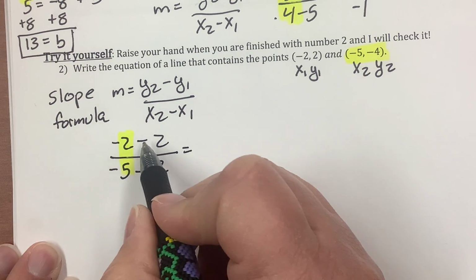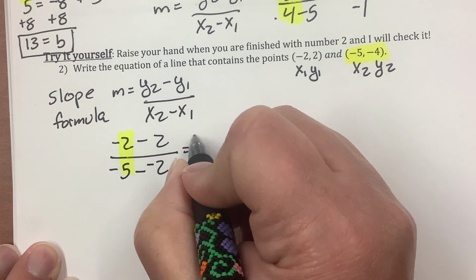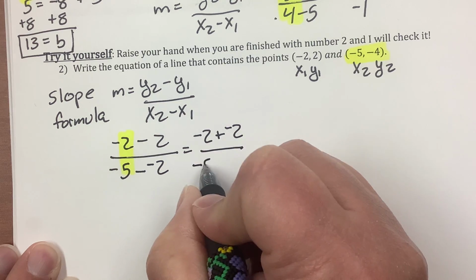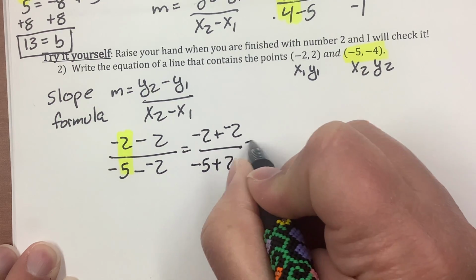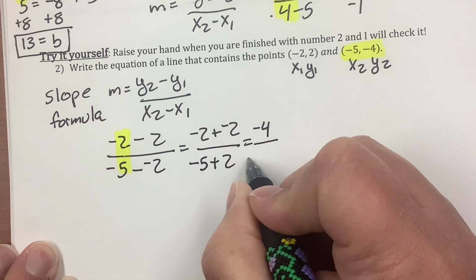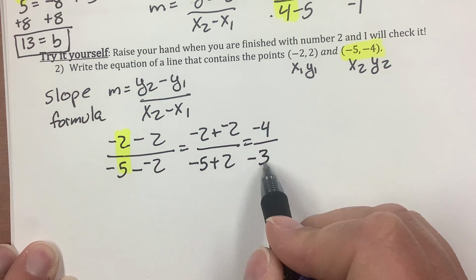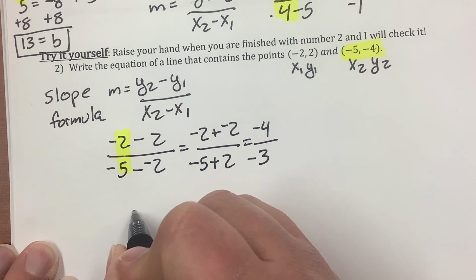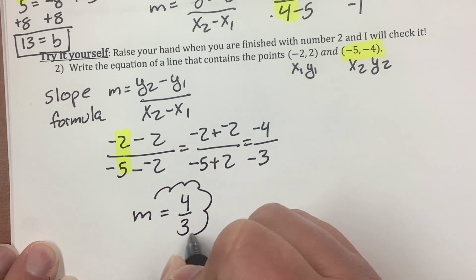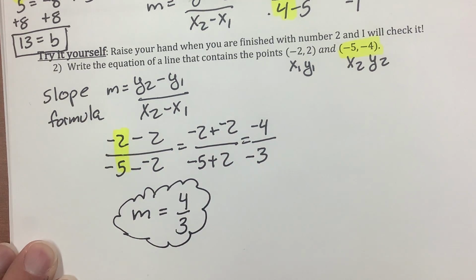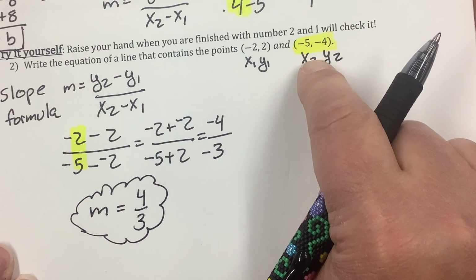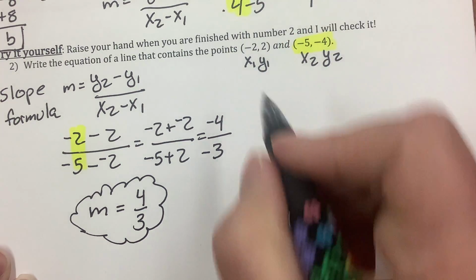Okay, -2 minus -2, keep change. -2 plus -2 over, keep change, -5 plus 2. Plus -4 over -5 plus 2, -3. A negative divided by a negative, I get positive. m equals 4 over 3. I would use a calculator if I were you to do that. So that's the slope.